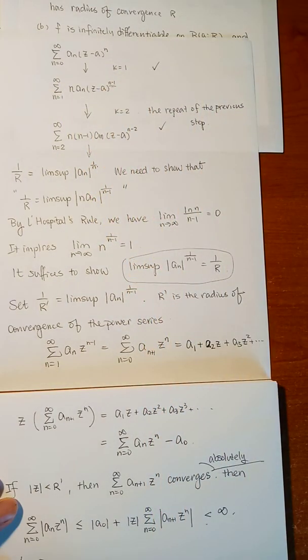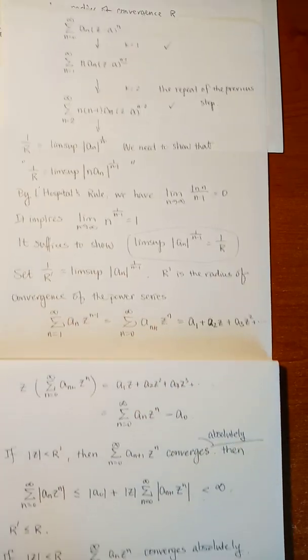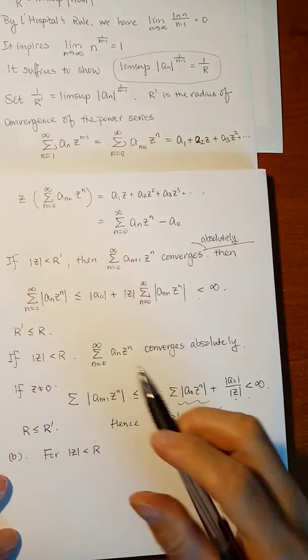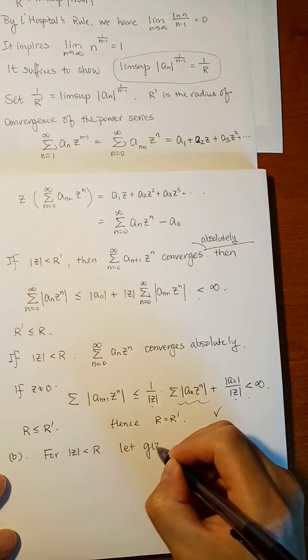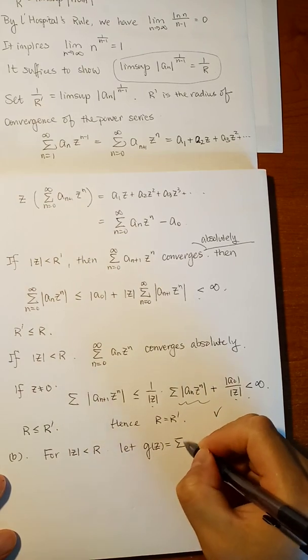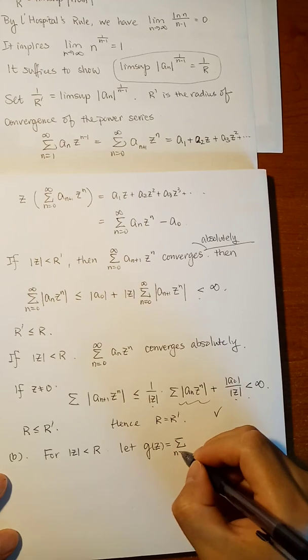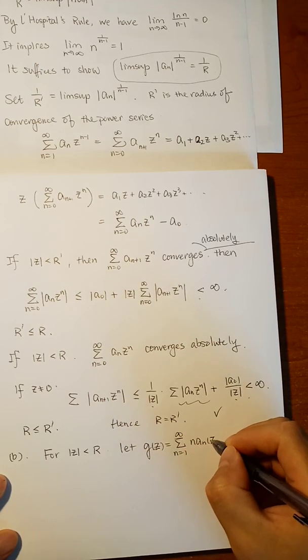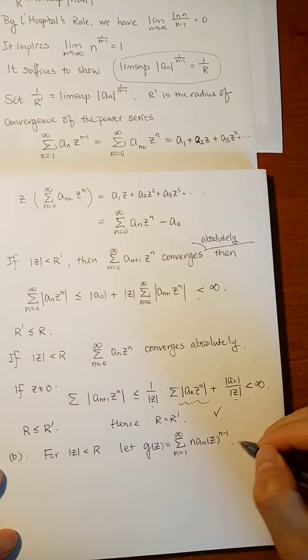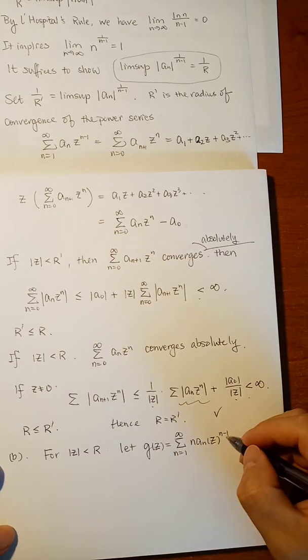So we prove that this one is a limit. Okay, so let's give it a name. Let g of z be the sum from n equals 1 to infinity of n a_n z^(n-1).